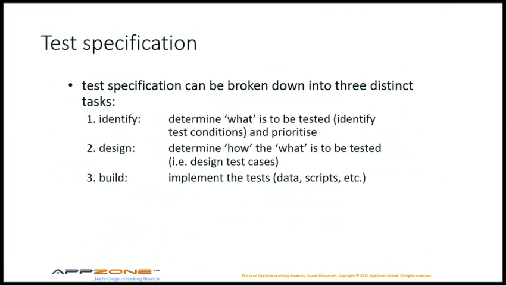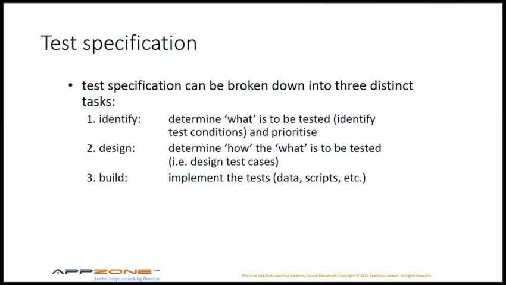Let's look at test specification. Test specification can be broken down into distinct tasks. It will involve identifying, designing, and building your test. You identify what is to be tested, the test conditions, what it is that you want to check, especially against the specification, like I said, as defined in your software requirements, and prioritize.